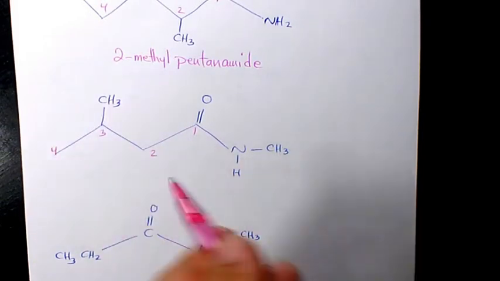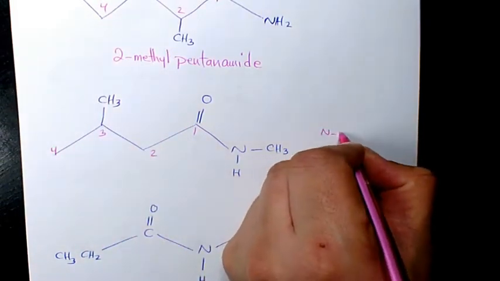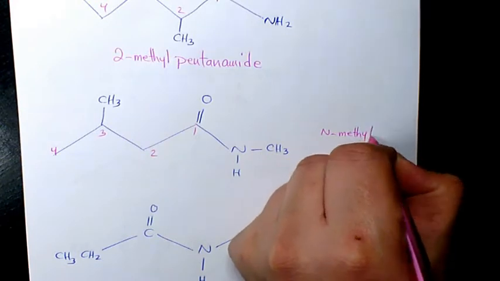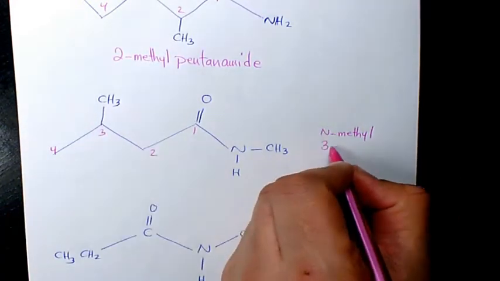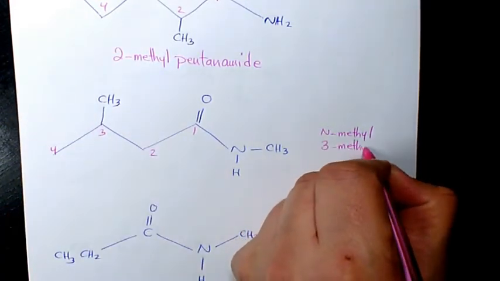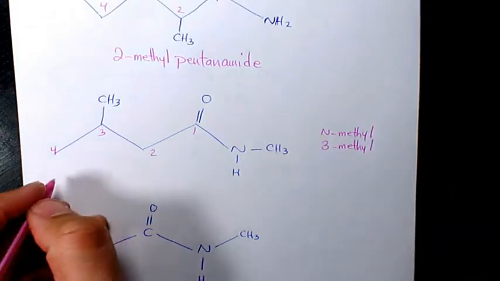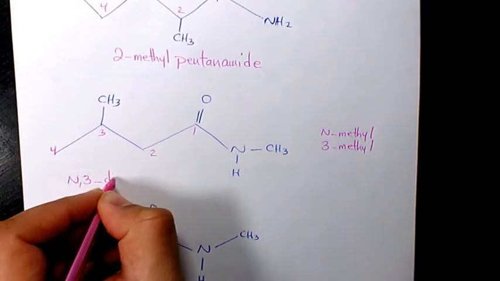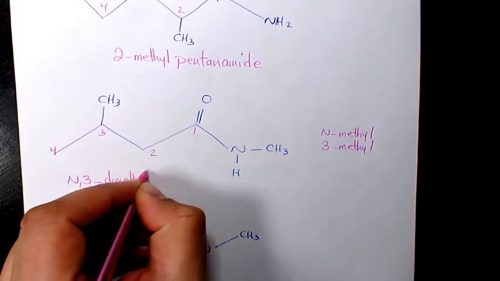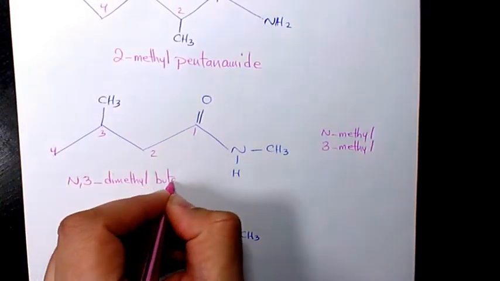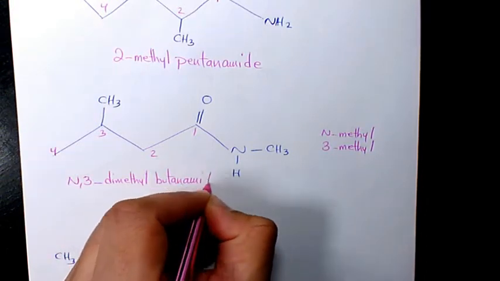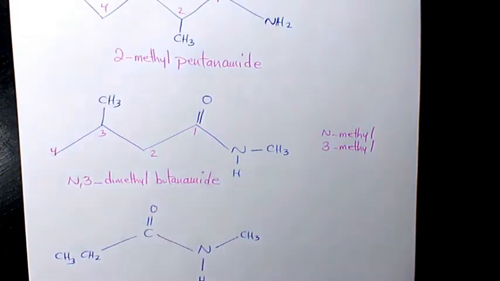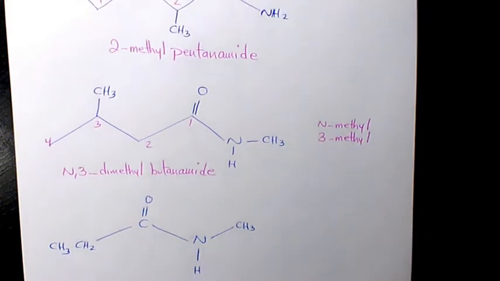So here we call it N-methyl, and here we have 3-methyl. So we have 2 methyl groups, and we can call it N,N-3-dimethyl butanamide. That's the name of this organic compound.